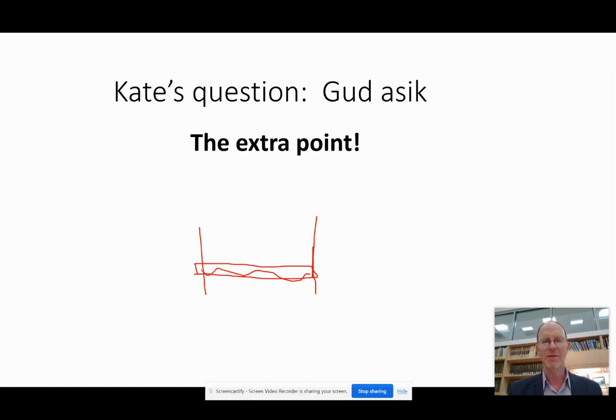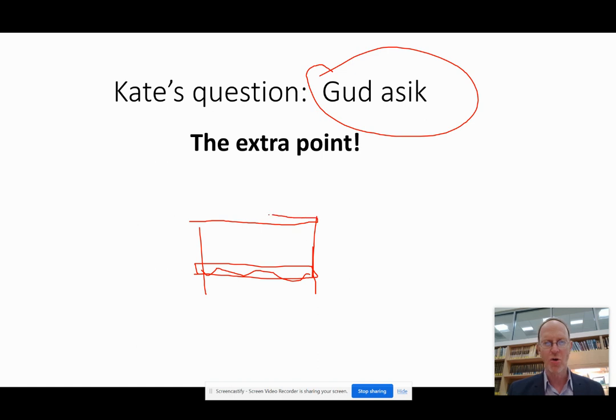What we talked about in class today was there's a principle called gud asik, which means that if there's a small little piece of a sukkah down below, like a little wall, and there is some kind of thing right here, either a string or a board of wood, this board of wood is called a tsurata petach.